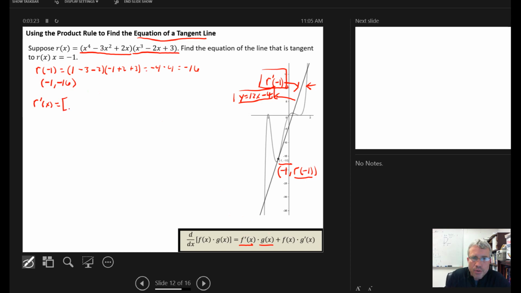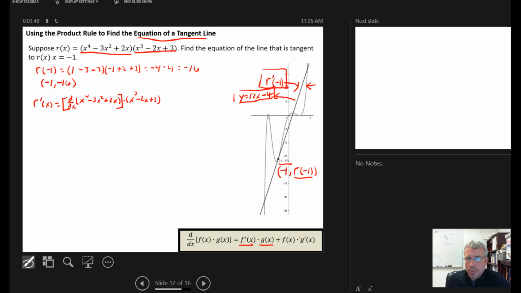So the product rule says first take the derivative of the first function. So I'm going to take the derivative d/dx of the first trinomial, the x to the 4th minus 3x squared plus 2x. And then I'm going to multiply that derivative by the second function, the trinomial x cubed minus 2x plus 3.